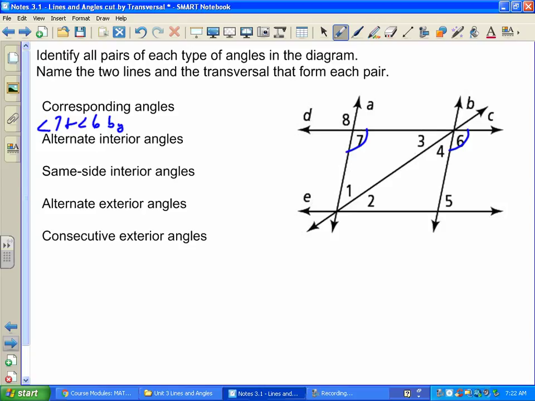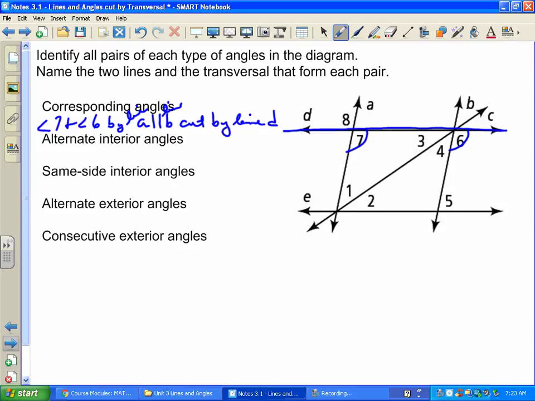by, well, what transversal are they on? What line do both of those angles touch? They both touch line D. And the other two lines, A and B, that they touch happen to be parallel. So A is parallel to B, is cut by line D. That's what this direction is asking you to do.